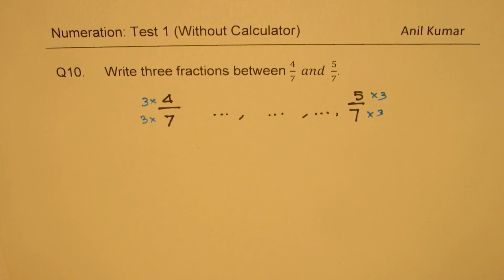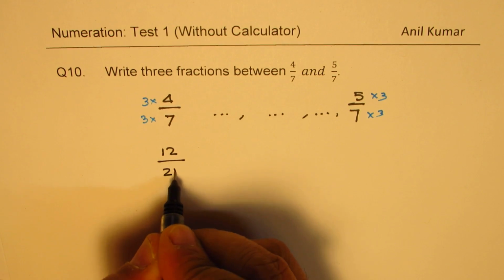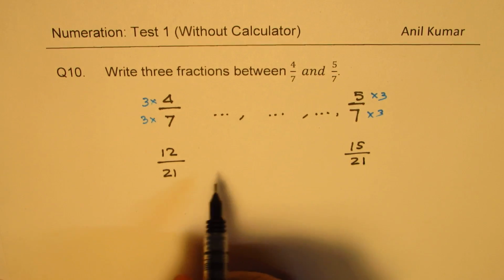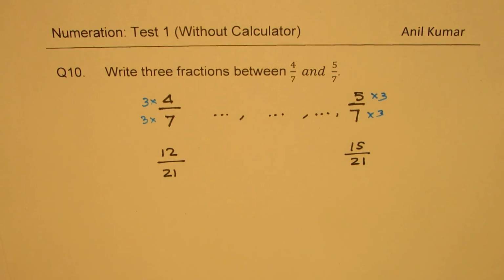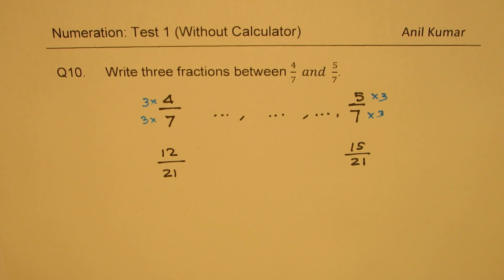If I do that, I get 12 over 21 and 15 over 21. Now we have two fractions in between, 13 over 21 and 14 over 21. Do you see that?